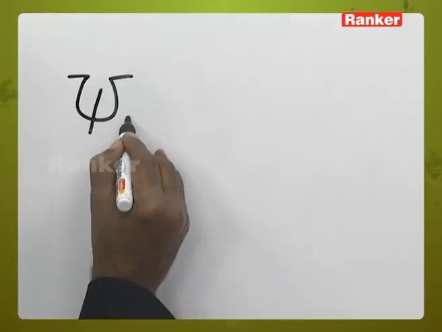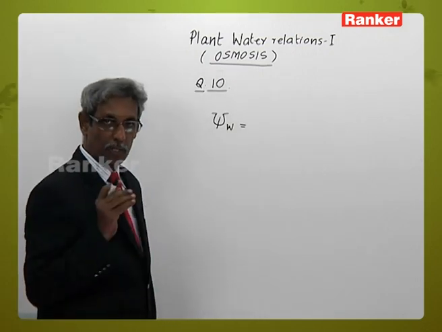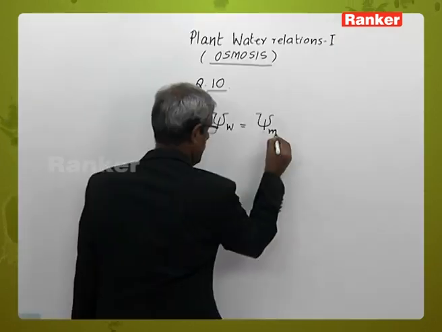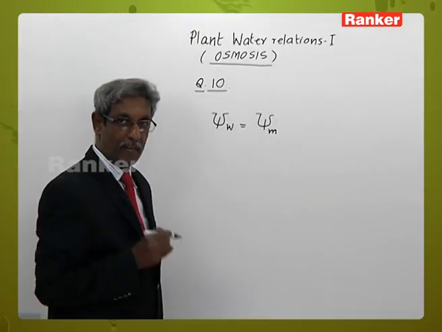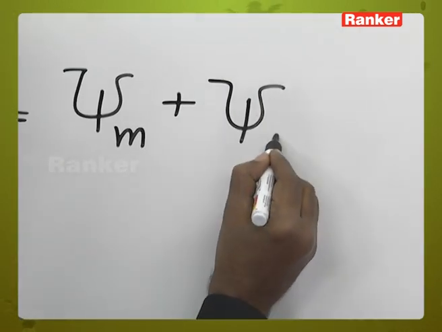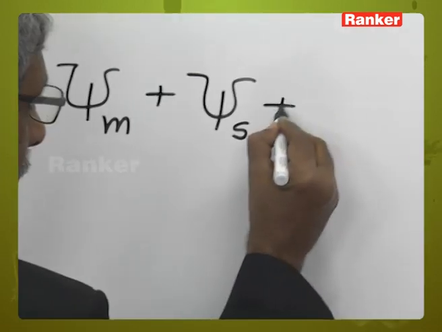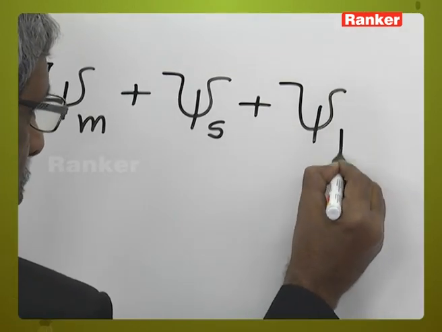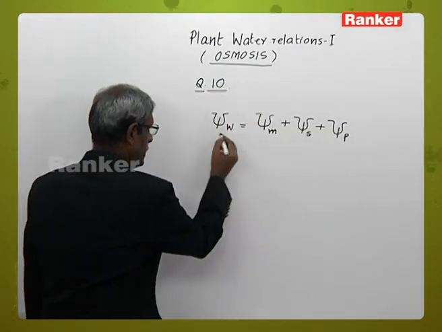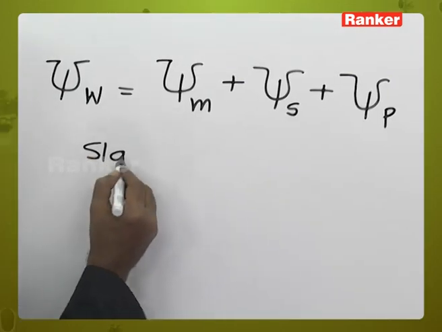So, the psi of water potential is given in all living cells and also in all tissues as a combination of the psi of the matrix potential, which is a term used for dry cells, along with the solute potential, the capacity of the solutes to do work, and the pressure potential which is exerted on the cell walls. This is the definition which has been given by Slater.